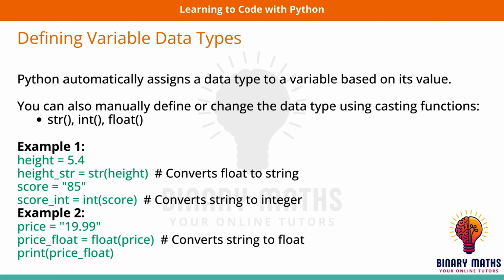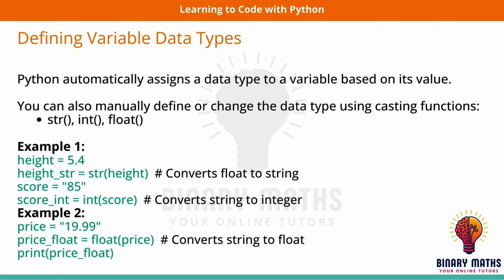So for example, height equals 5.4, height underscore string equals str, open brackets with height inside it, closing our brackets. This will convert a float number where we said the height is 5.4 to a string.